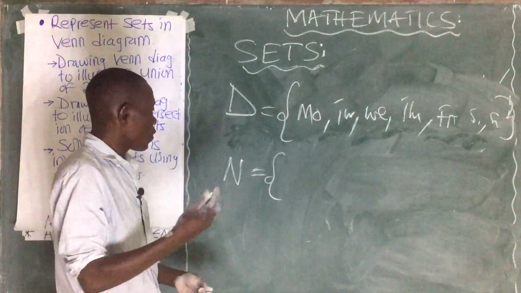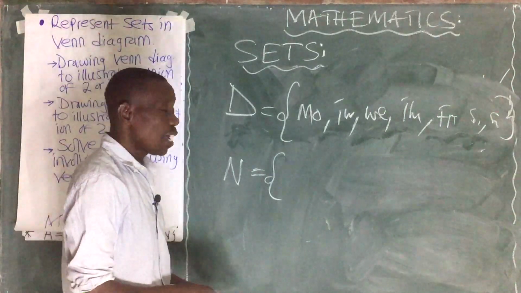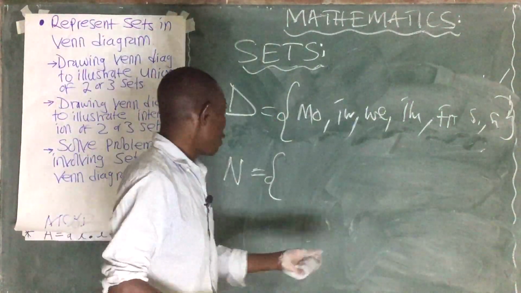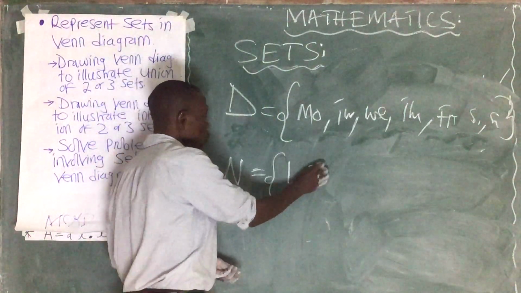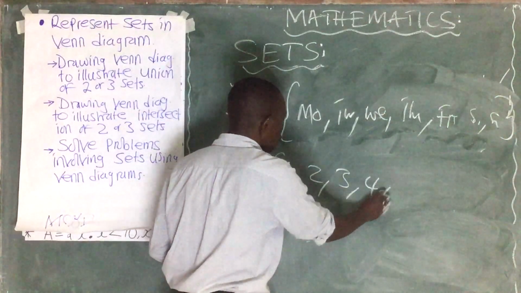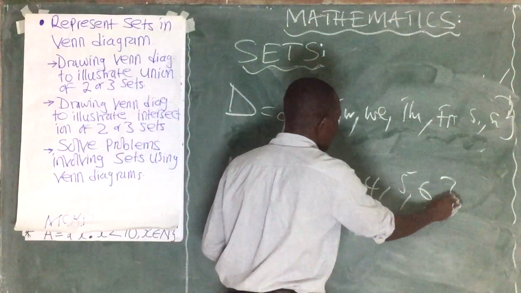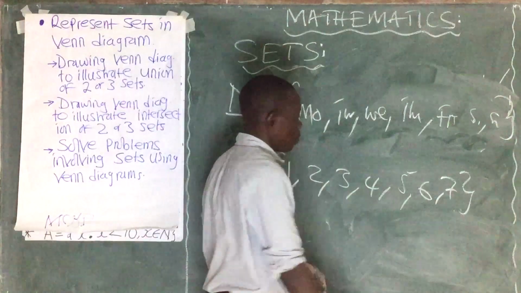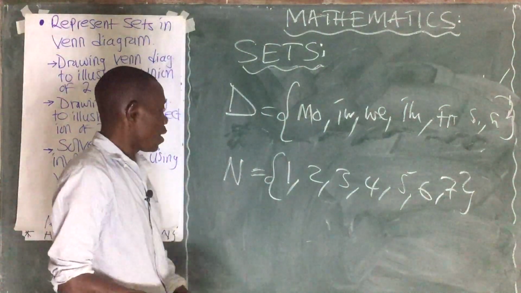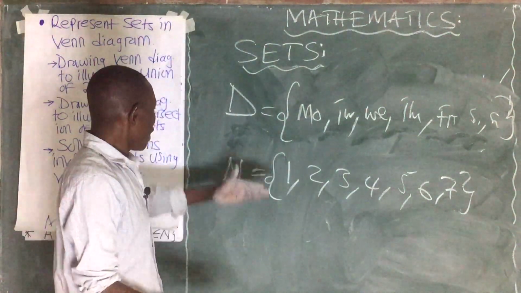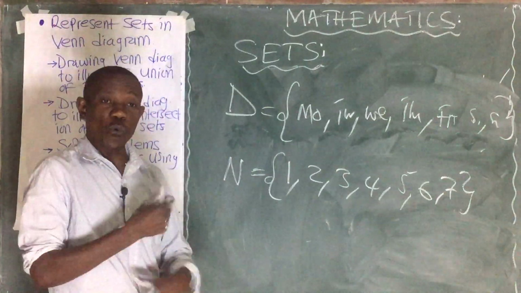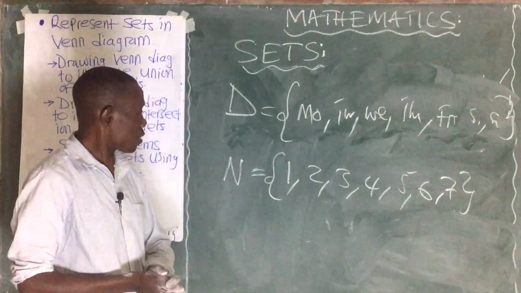For example, the natural numbers less than 8: 1, 2, 3, 4, 5, 6, 7, and we end at 7, because we talk of numbers less than 8. So this is one way we can present the elements of a set.